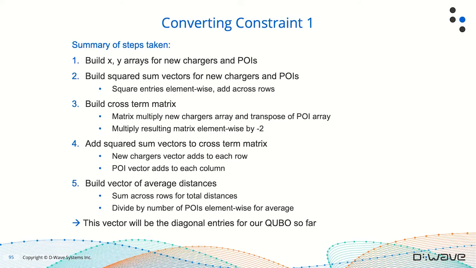We just multiplied those 2 matrices that we had, and then multiplied that matrix element-wise by -2 to get that -2 coefficient. What we did next was we added those squared sum vectors to that big cross-term matrix we computed. And from that, we were able to get that vector of the average distances, and that's going to be the diagonal entries for our QUBO so far, for this constraint.